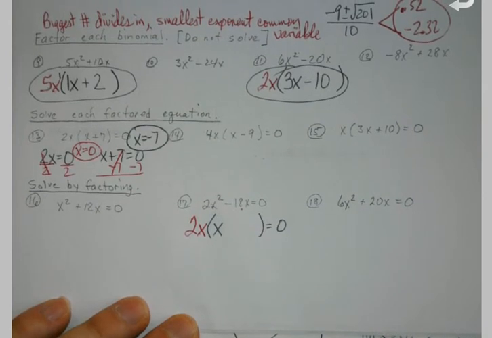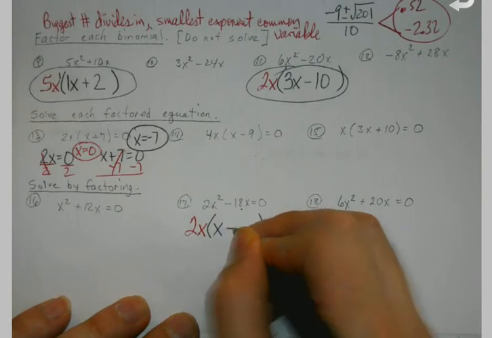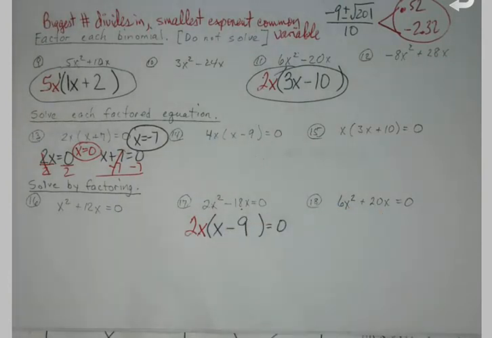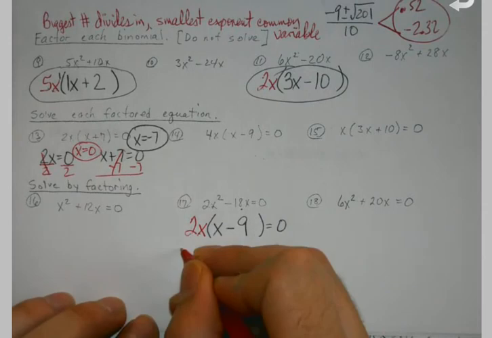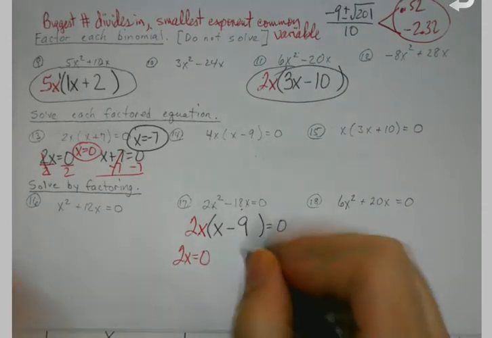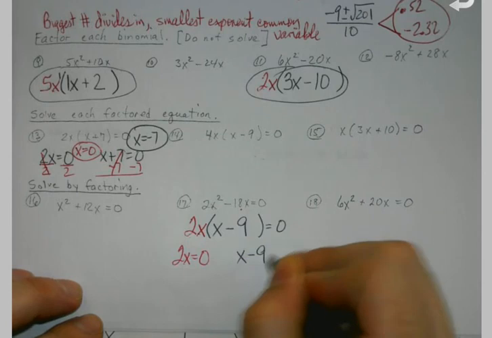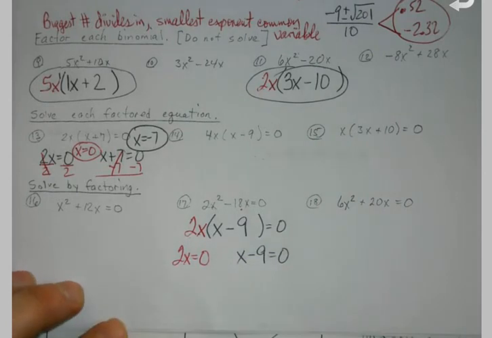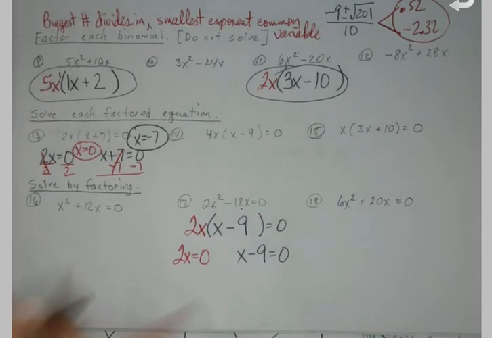Take a shot. 2 times what to 18? 9. Thank you. And then again, once it's factored, you just take each piece that has an x, and then just solve the equations.